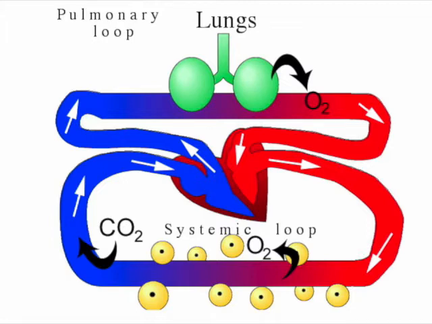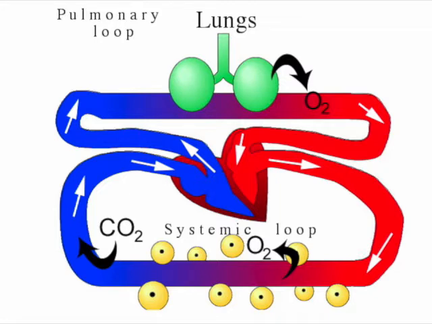And the carbon dioxide that the cells make as this waste product from aerobic respiration goes into the blood and eventually returns to the right side of the heart, to the right atrium and then right ventricle. And then the right ventricle pumps it into the pulmonary loop.